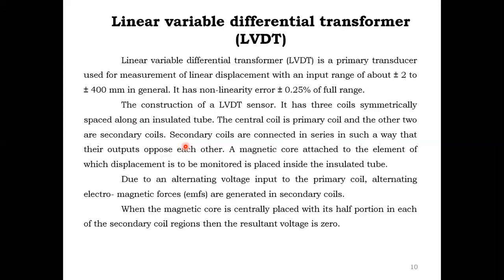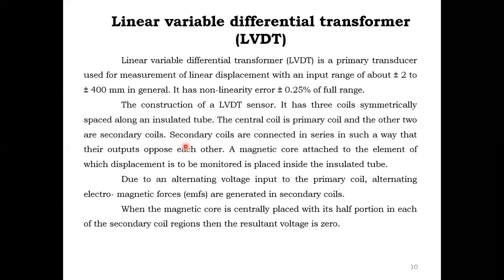In the construction of an LVDT sensor, it has three coils symmetrically spaced along an insulated tube. The center coil is the primary coil and the other two coils are secondary coils. The secondary coils are connected in series in such a way that the outputs oppose each other. A magnetic core attached to the element whose displacement is to be monitored is placed inside the insulated tube.